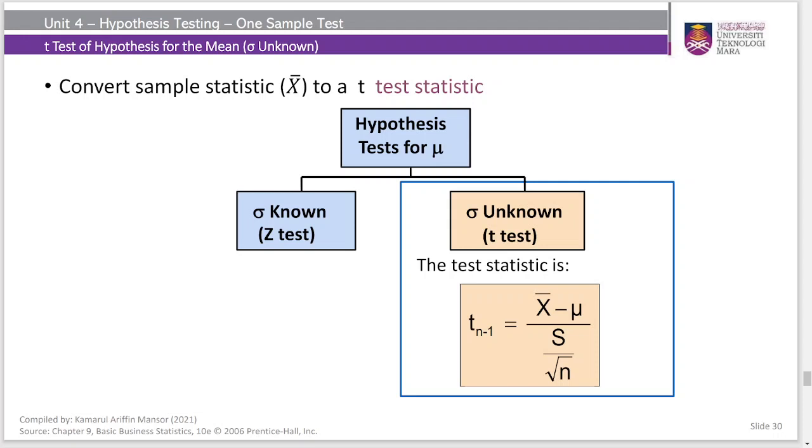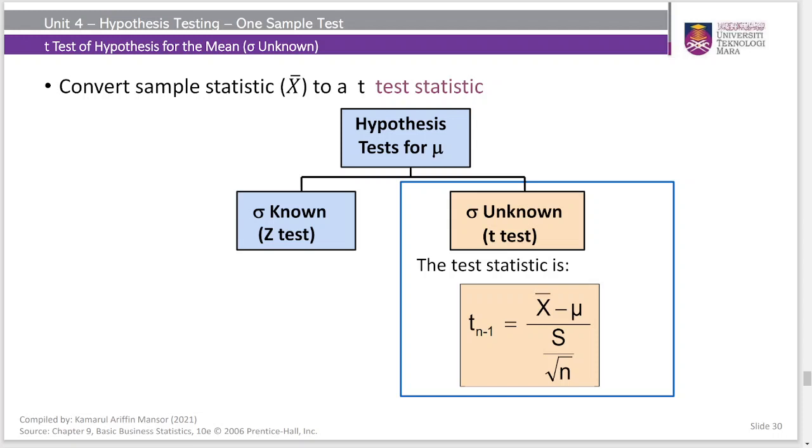Even so, you still need to assume that the data come from the normal distribution. Okay, that is a must. If it is not normally distributed, then you cannot use the parametric test.